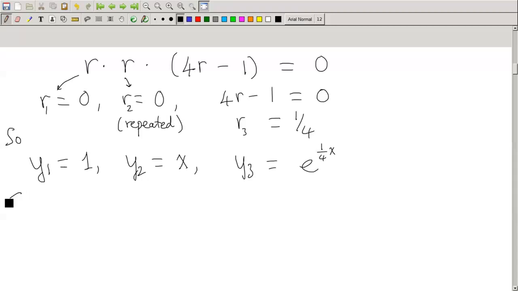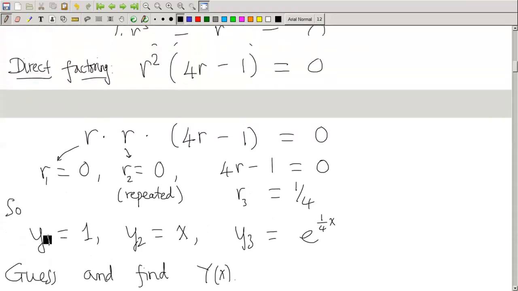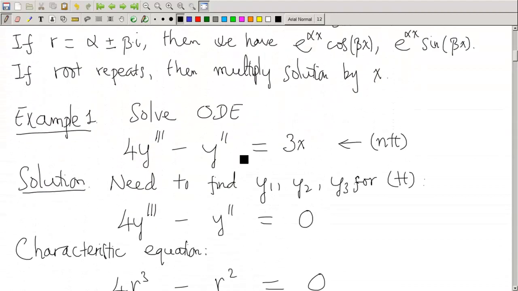Now next, we need to guess and find capital Y(x). So let's recall from above that in the non-homogeneous equation, our g(x) is 3x, a polynomial.